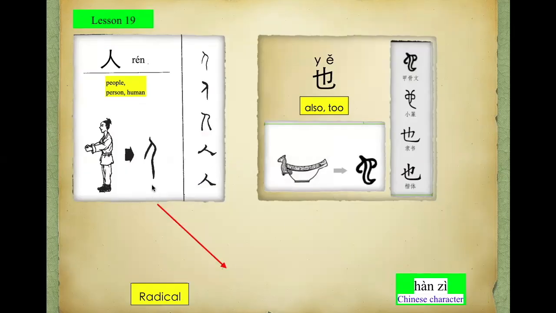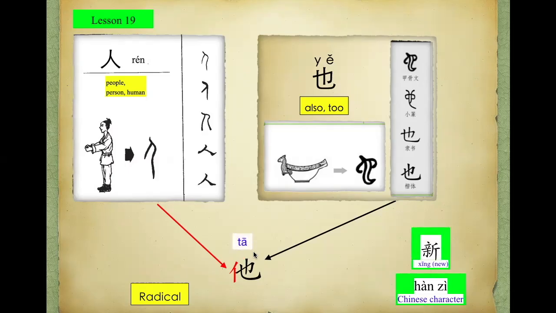When 人 becomes a radical, it will transform itself like this, so that it leaves more space for 也 to come in and form a 新汉字他, which means he or him. He is also a human.